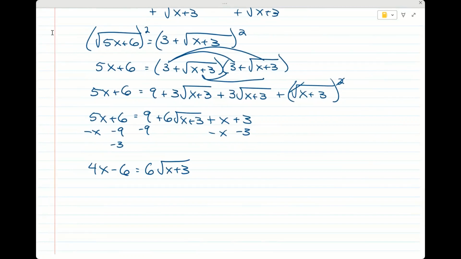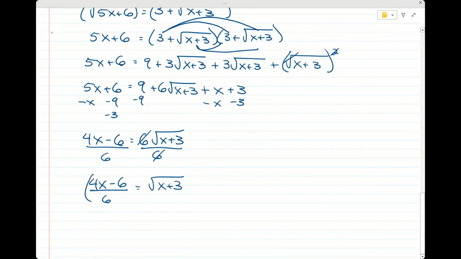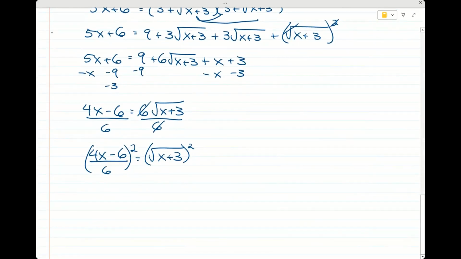So now what we could do is divide both sides by 6. We get 4x minus 6 divided by 6 is equal to the square root of x plus 3. And then we'll just have to go ahead and square both sides. We'll multiply this by itself.